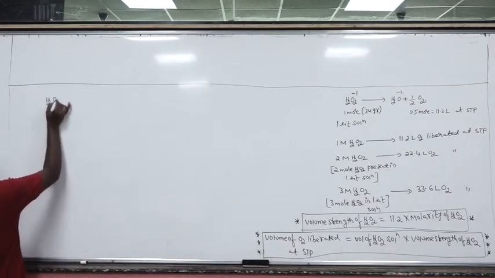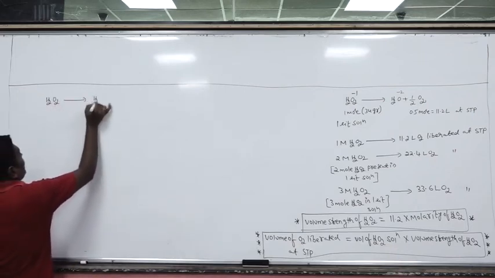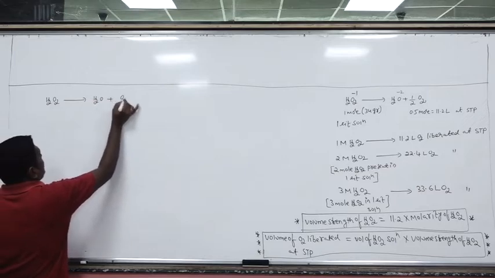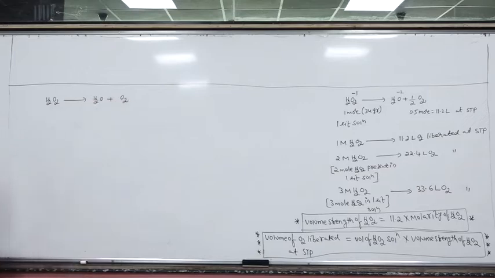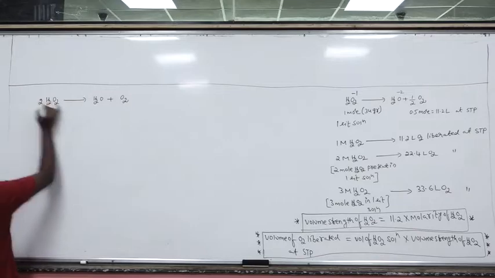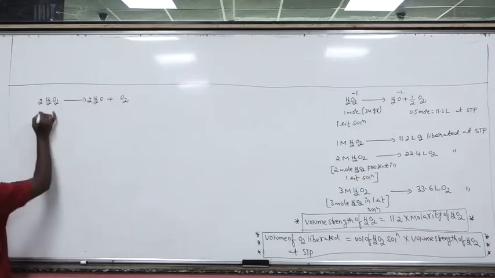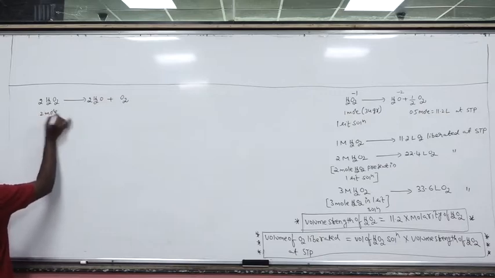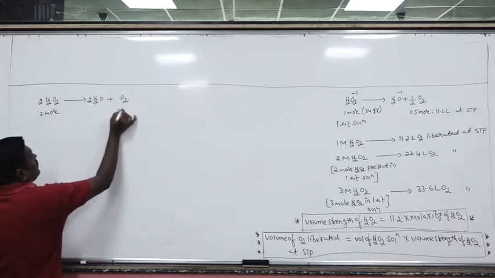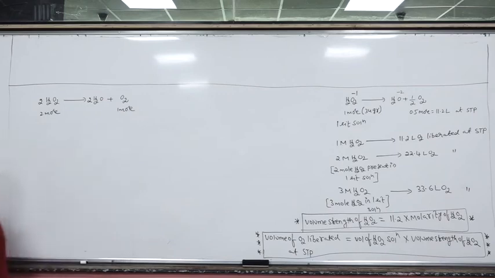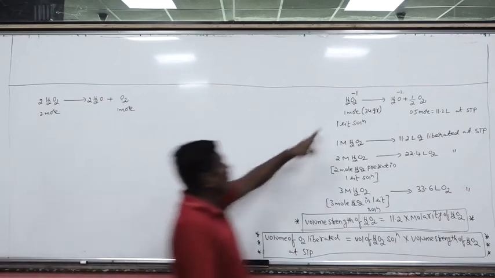Now, H2O2 gives H2O plus O2. Okay. Now come to balancing. 2H2O2 gives 2H2O plus O2. Let's suppose here, how many moles of H2O2? 2 moles. How many moles of O2? 1 mole. Here 1 mole of H2O2 gives half mole O2.